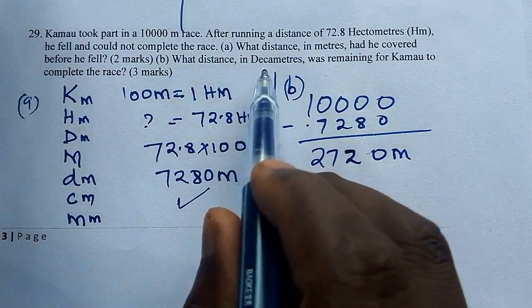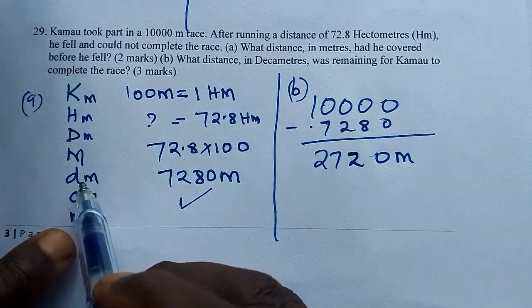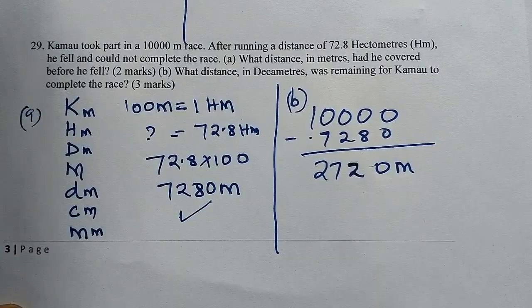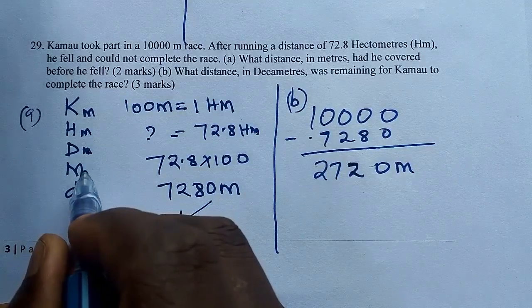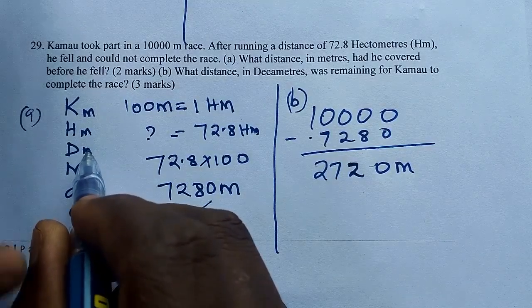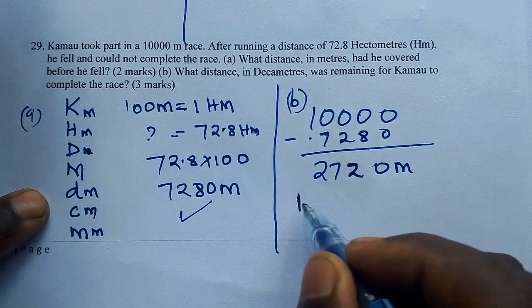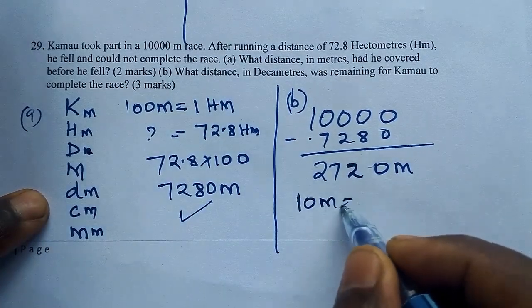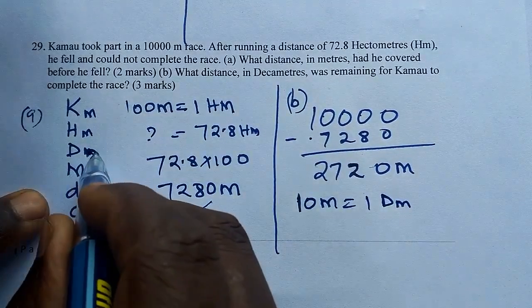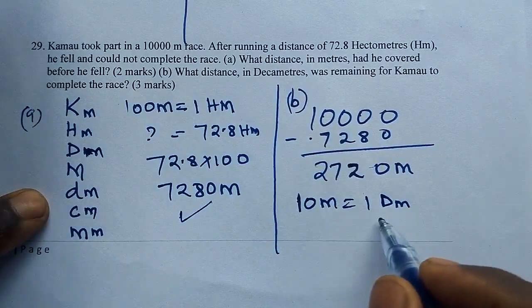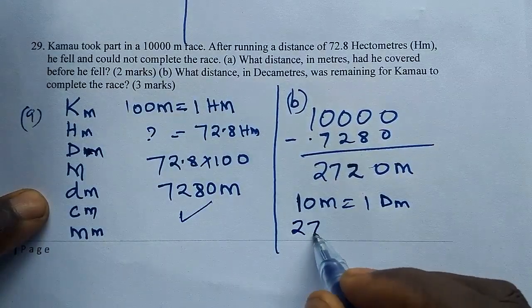So decameter. 10 meters is equal to 1 decameter. So we can convert now. 10 meters is equal to 1 decameter. We go up because decameter is here. What about 2,720 meters?